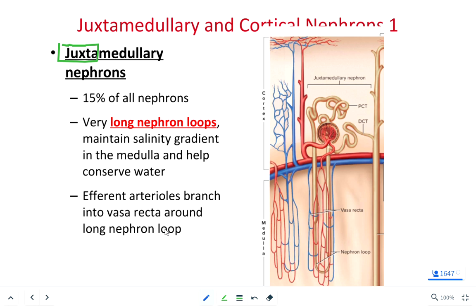These juxtamedullary nephrons start in the renal cortex, and they're also in the renal medulla. So when we think juxtamedullary, they go between the cortex, which is on the top of the screen, C for cortex, and then they go into the medulla, M for medulla. There we go. So they go between the cortex and the medulla.